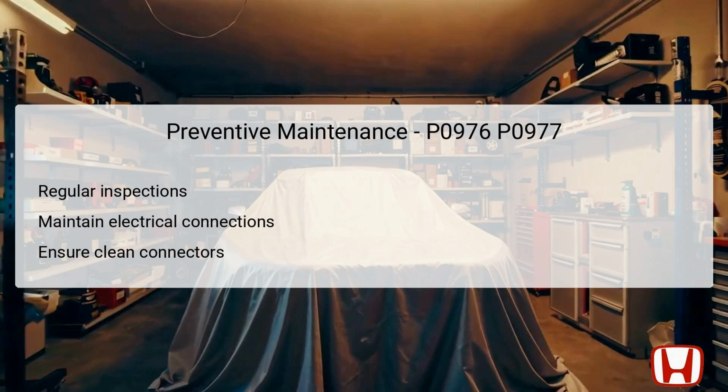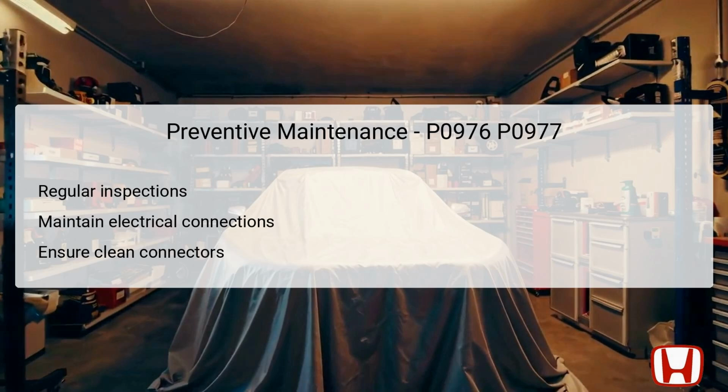Keeping connectors clean and free from grime can enhance electrical connectivity and prevent future trouble codes from emerging. Additionally, staying on top of regular vehicle service intervals and ensuring that the transmission fluid is at optimal levels can improve the longevity and performance of the system.